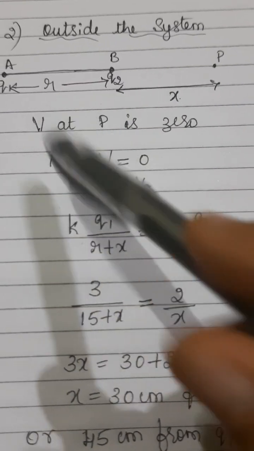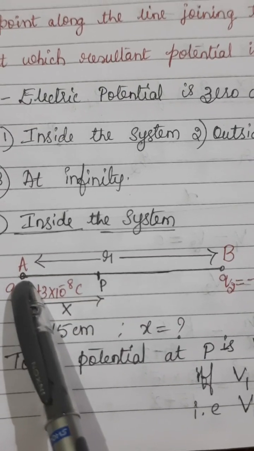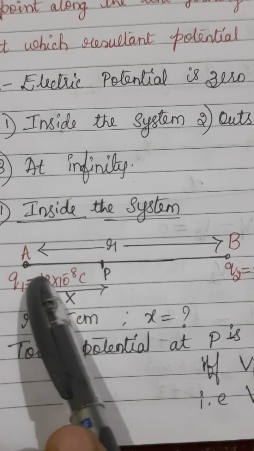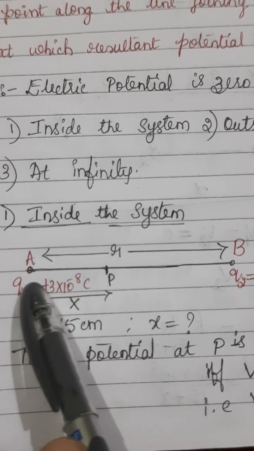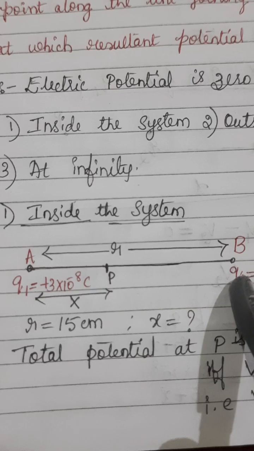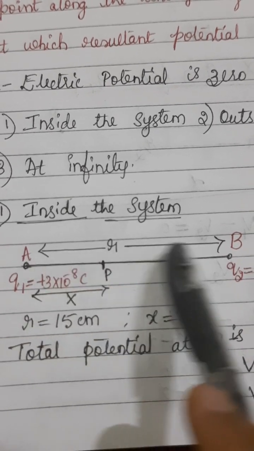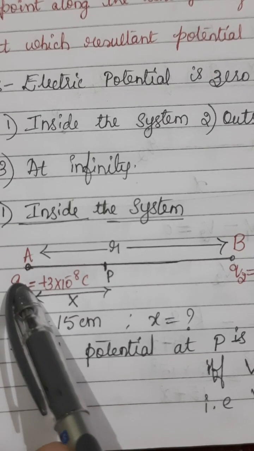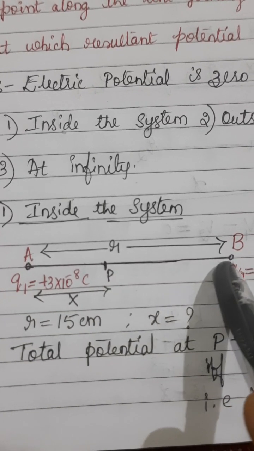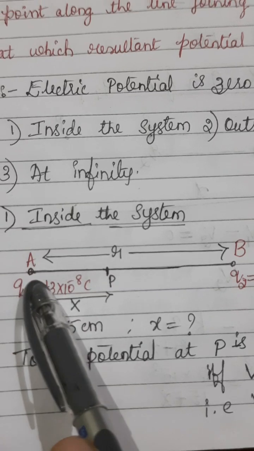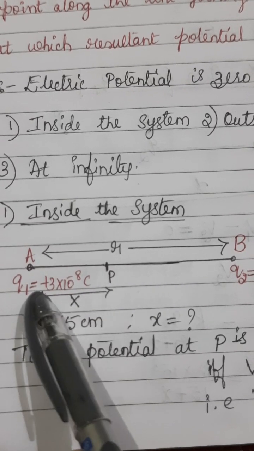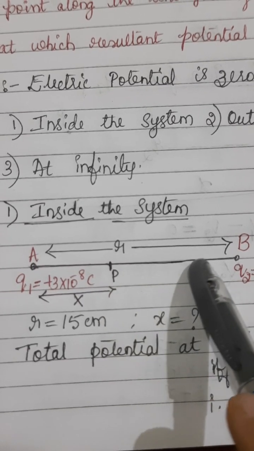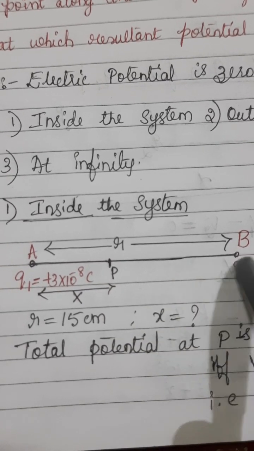Even if you look at the first, inside the system, you will come to know that this point is at a distance 9 centimeter from A. Total distance is 15 centimeter between A and B, and P is at a distance 9 centimeter from Q1, which means the remaining distance between P and B is 6 centimeter.